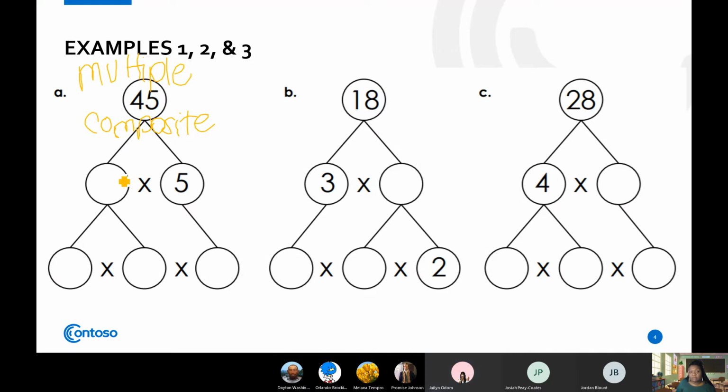What would that number be? 9. Very good. I'm going to bring 5 down. Why am I bringing 5 all the way to the bottom? Because it's a prime number. It's prime. Very good. All the numbers at the bottom will be prime.